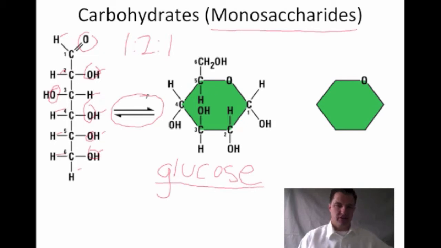This number 5 carbon is going to fold over and connect here, so this 6 carbon sticks out, as you see there. And just to review, that's a covalent bond, where carbon shares an electron with a hydrogen, and carbon tends to form 4 bonds, so there's 1 there, 1 there, 1 there, 1 there.